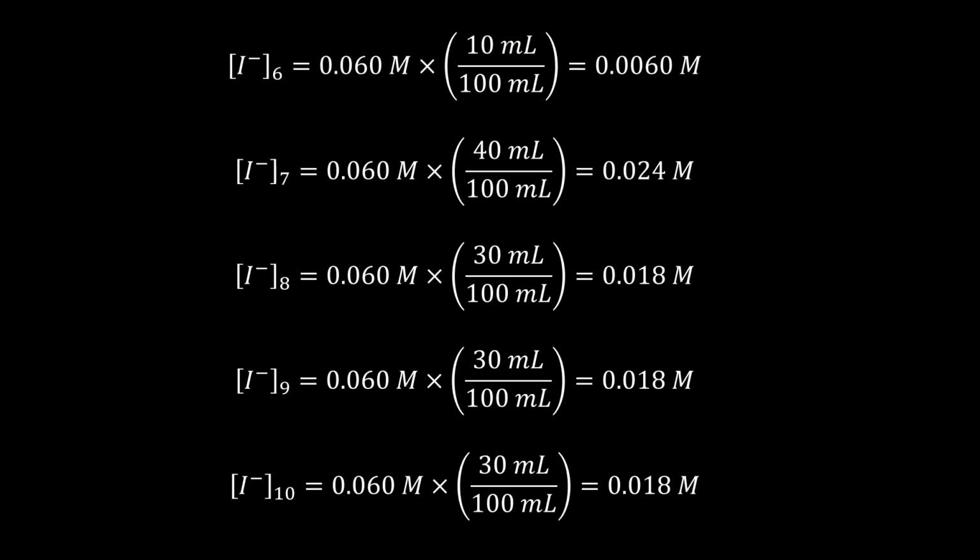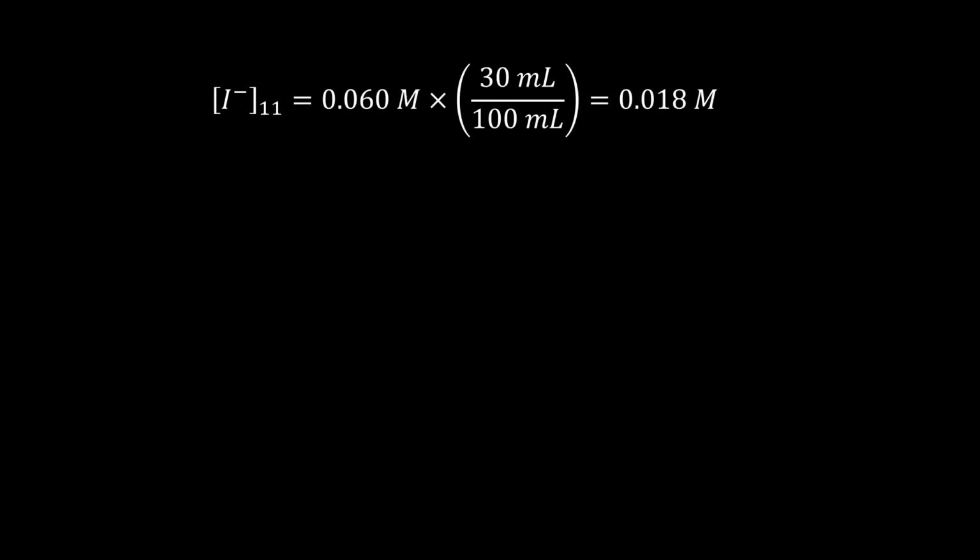And for solutions 6 and 7, we have 10 and 40 milliliters, which gets us an initial concentration of 0.006 and 0.024 molar. And then for solutions 8 through 11, we're again using 30 milliliters of a 0.06 molar solution, and then bringing it to 100 milliliters, which gets us to 0.018 molar for each trial.